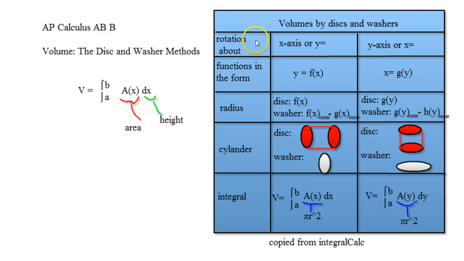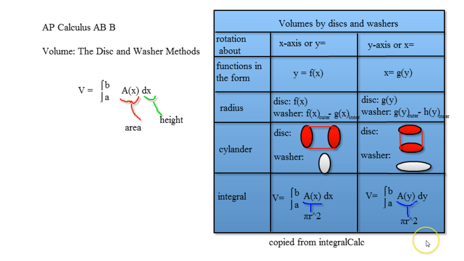When we're rotating about the x-axis, we make a shape like a sideways cylinder, and when rotating about the y-axis, it looks like a regular cylinder. Same thing with the washers, but pretend the middle is blank, with nothing in between. The integral is the same as what we have, except now we use pi r squared.